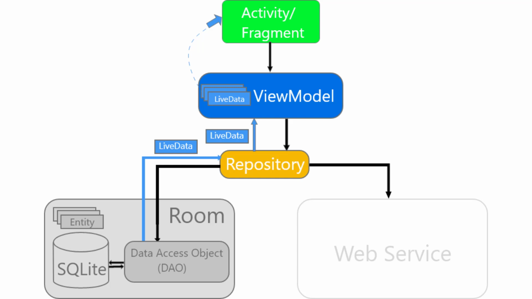So the data is separated in containers, each has a well-defined responsibility, it knows what to do, and each component knows only about the component below it. So this is the introduction into Room database, and see you in the next video.